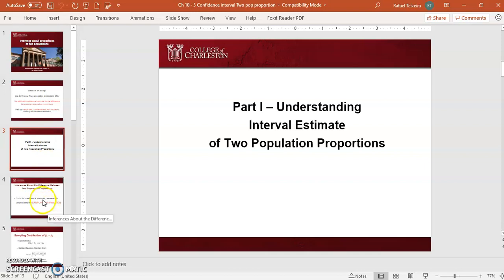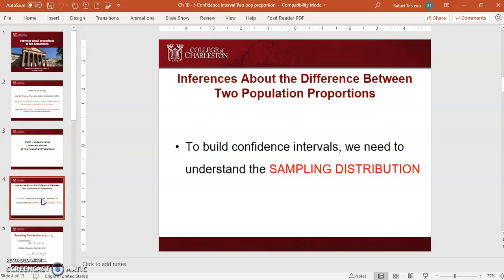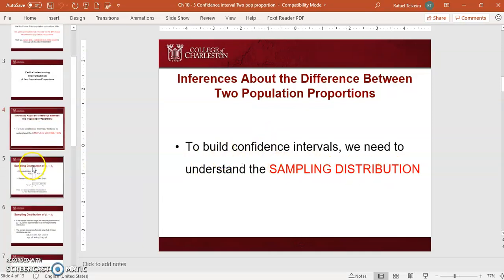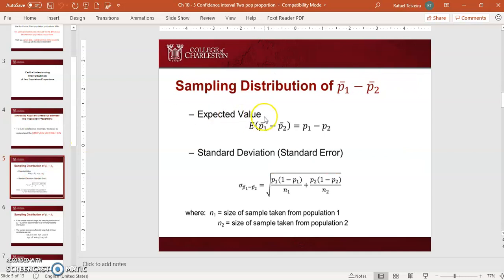Okay, so let's have an understanding. This understanding goes through the sampling distribution for two populations. The sampling distribution for two populations has two values, called parameters. One is the expected value, how much we expect these proportions to be different in the population.